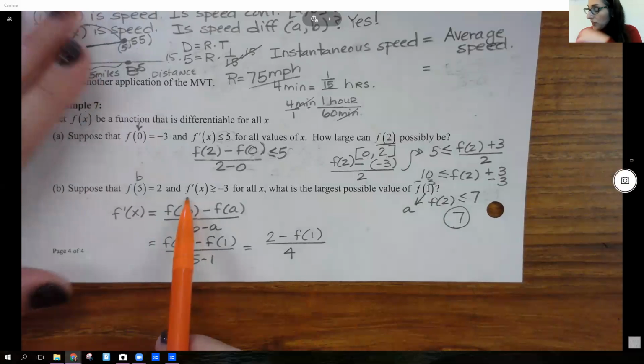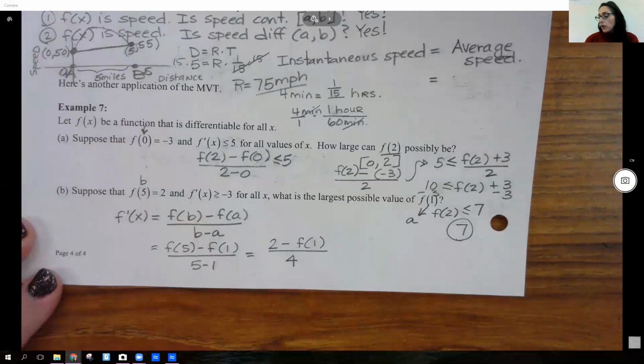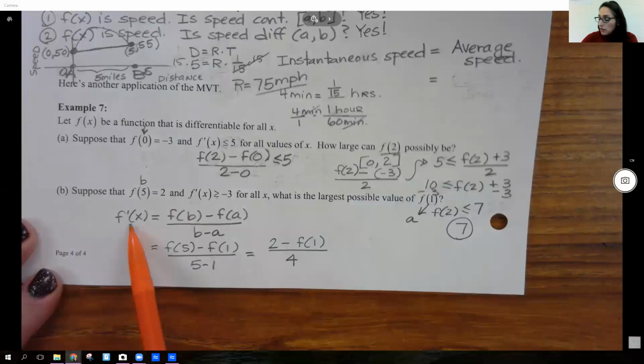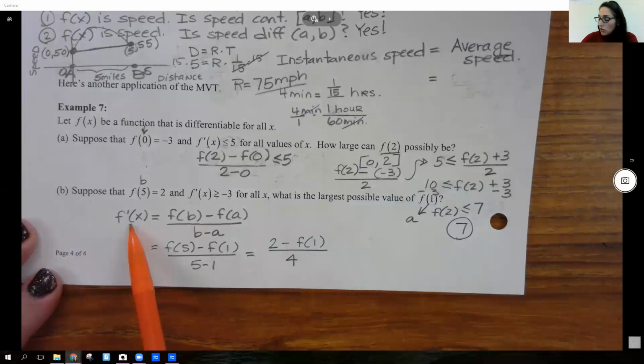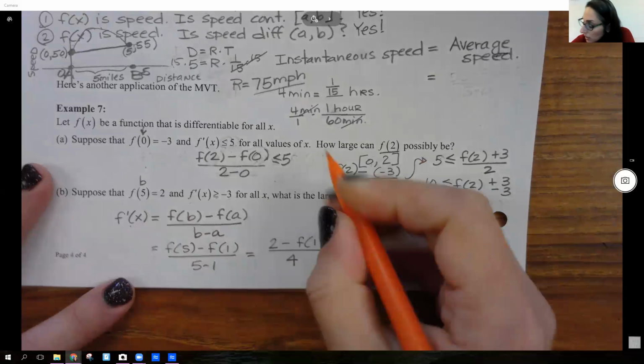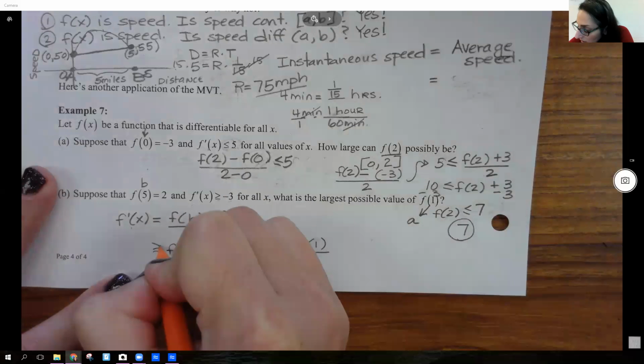We know that the derivative is greater than or equal to -3. So this has to be greater than or equal to -3. So can I do this?